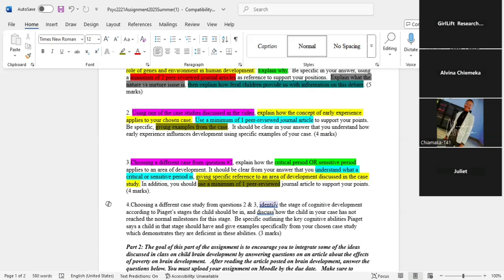I think the last one, use a minimum of one peer-reviewed journal article to support your point, should be highlighted to the full stop, to my understanding, rather than just "use a minimum of one peer review." It's not a complete sentence. I think your emphasis is the fact that the review has to support the points, right?